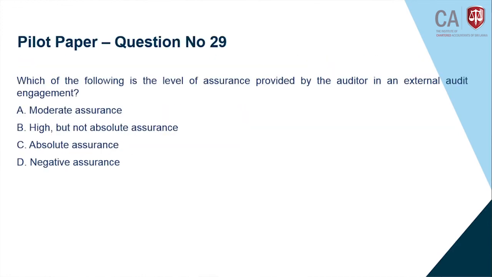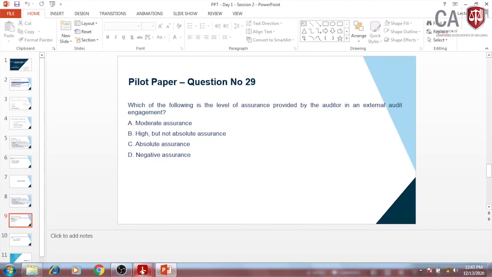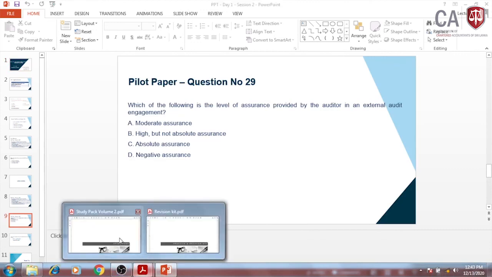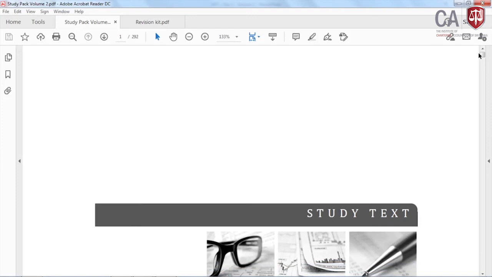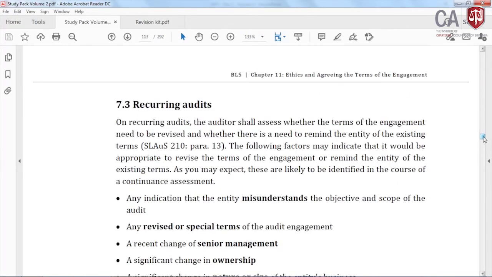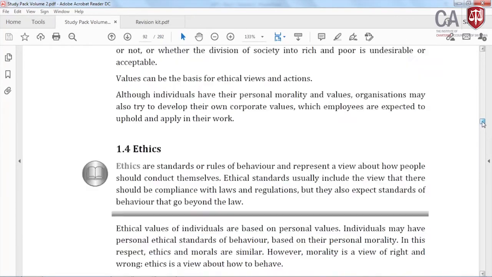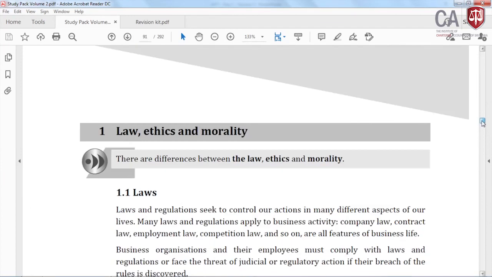Before going into that, I will take 1 or 2 minutes in terms of the study text. We'll quickly look at the study text as well, so then it is easy for you. In this study text, I am in volume 2. Webinar number 1 and webinar number 2 were focusing on this chapter.